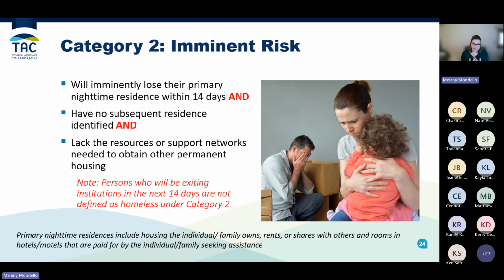If the family is paying for a hotel or motel and they can't sustain that, they would be imminent risk. If an agency who's providing emergency assistance is paying for a hotel or motel, that would qualify under Category 1. So if you have someone referred to you who's in a hotel or motel, one of the key things to look at is who's paying for it, to make sure that you have the correct documentation.